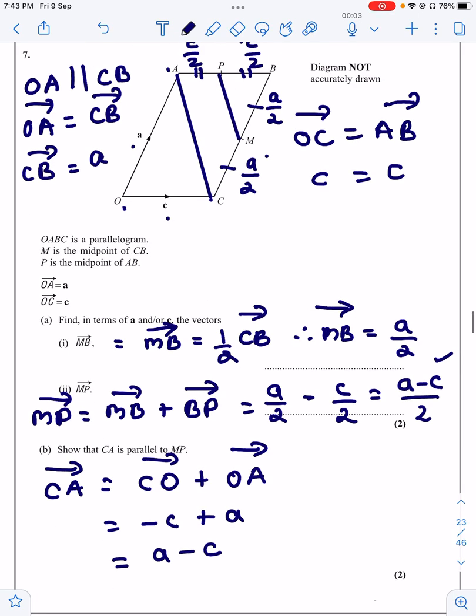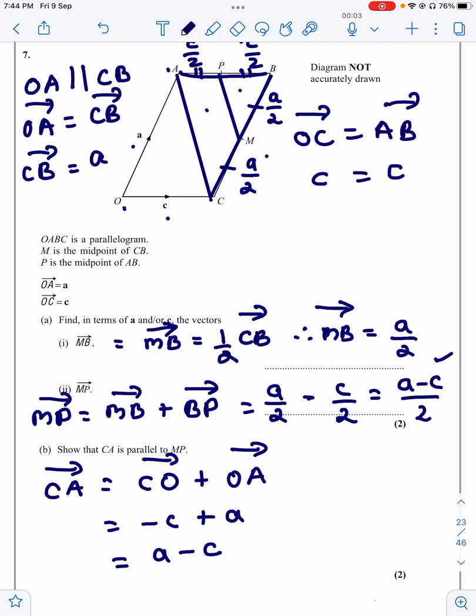Okay. Always remember, to prove parallel, we have to show that they have a ratio, and that ratio should always be 1 is to 2. Because if I take this triangle, if you look at this carefully, this is a smaller triangle, this is a bigger triangle.